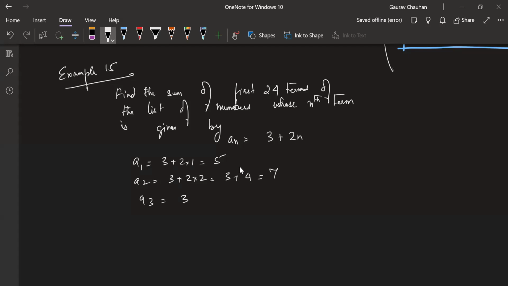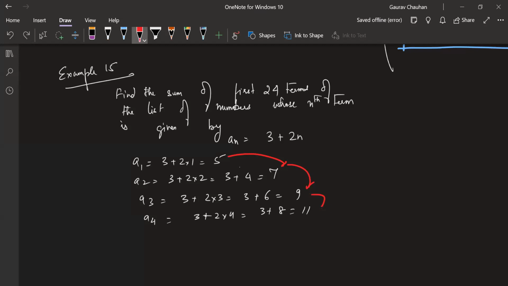A3 is equal to 3 plus 2 into 3 is equal to 3 plus 6 is equal to 9. A4 is equal to 3 plus 2 into 4 is equal to 3 plus 8 is equal to 11. Basically, it's like 5, 7, 9, 11.